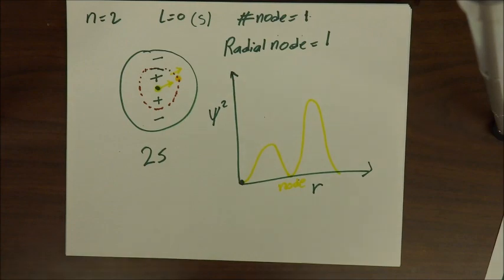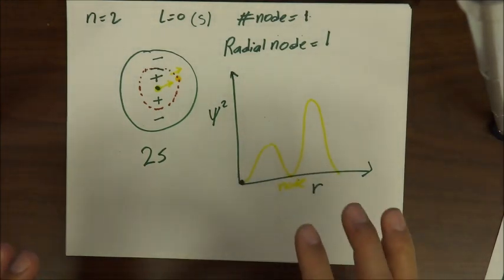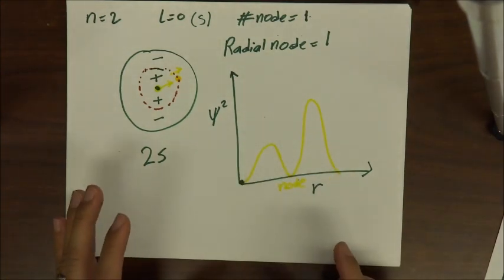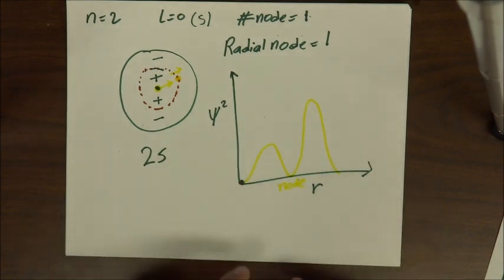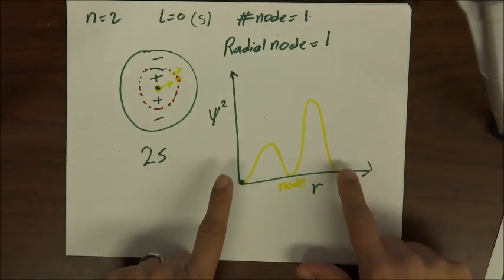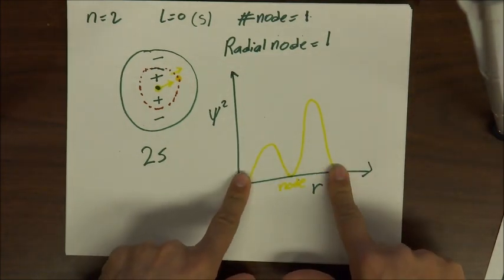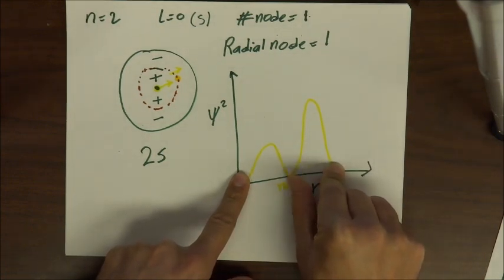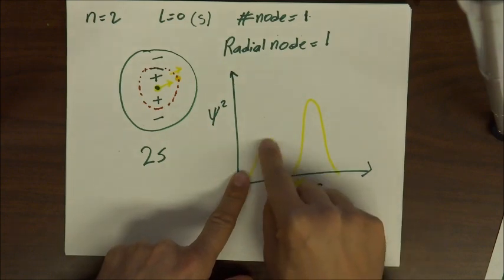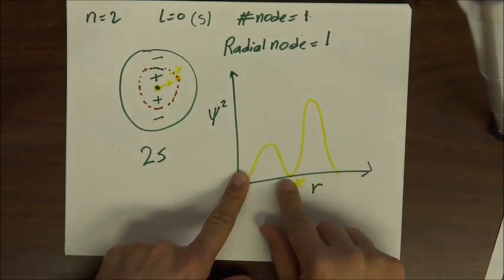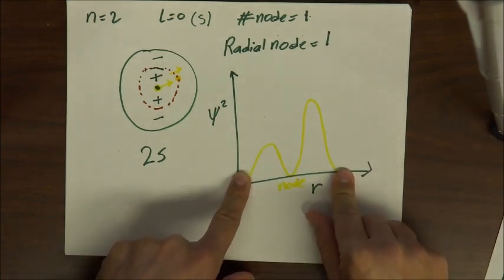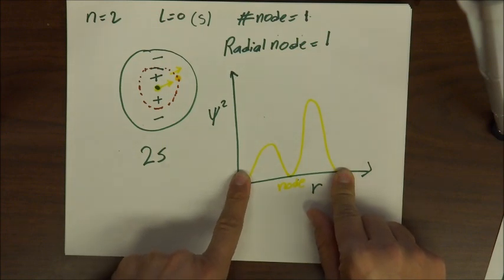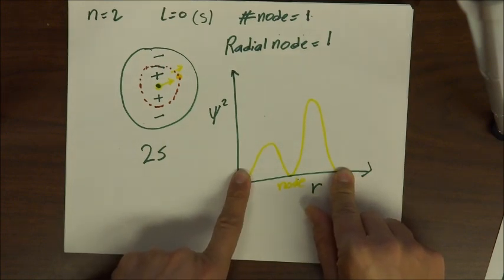Now I need to find the number of radial nodes. I know I have only one, but the way we can figure it out through the graph is to cover the initial point and last point. There's one crossing point. This line is crossing the horizontal only one time, so I have only one radial node.